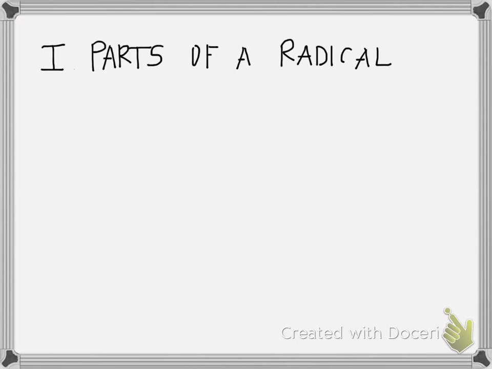Good morning. So today we're going to look at the opposite of exponents and we're going to look at radicals. So a radical is where you have this radical sign which looks almost like a little division sign. Okay, so this is called your radical.